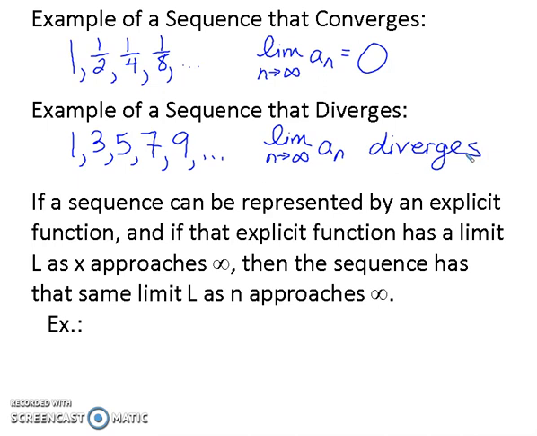Okay? One helpful thing is that if you have an explicit function for your sequence, and if that explicit function has a limit as x approaches infinity, then that's also the limit for your sequence.